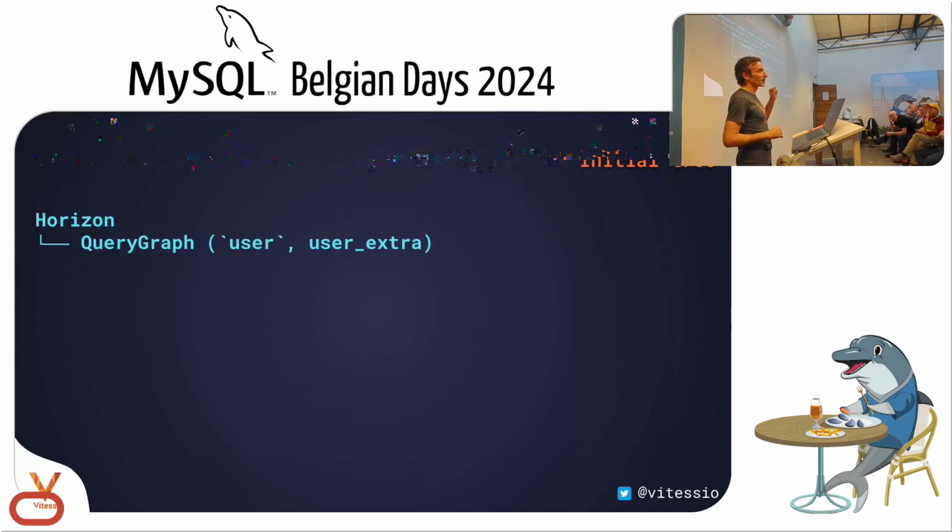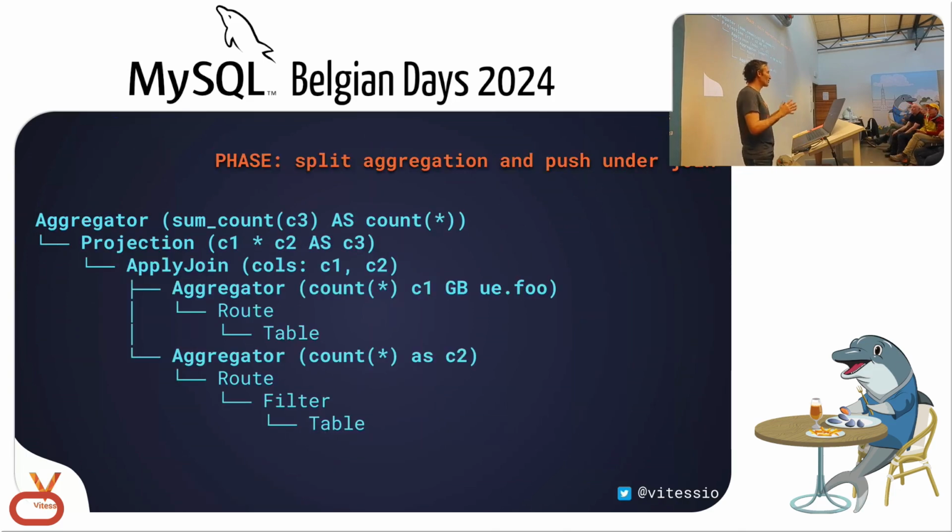So in a Microsoft paper unrelated to distributed databases, we saw this cool algorithm that allows us to split aggregation under a join. So instead of doing a count star on the result, what we do is we do a count star on the incoming flows. And then projection here is how we evaluate things, how we can just run a MySQL expression.